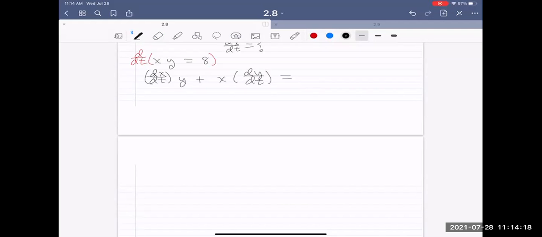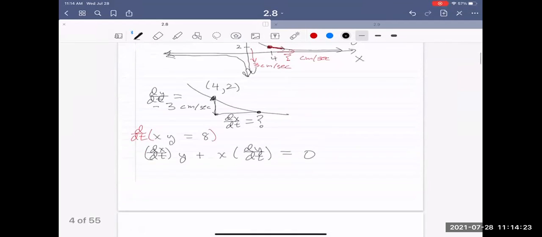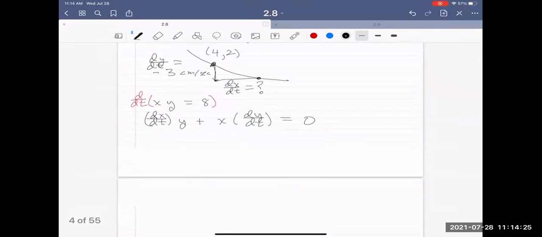So now let's see if I can plug this in. dx dt, don't know. y, here is 2. x, I know what x is, 4. dx dt, dy dt, I know that, -3.